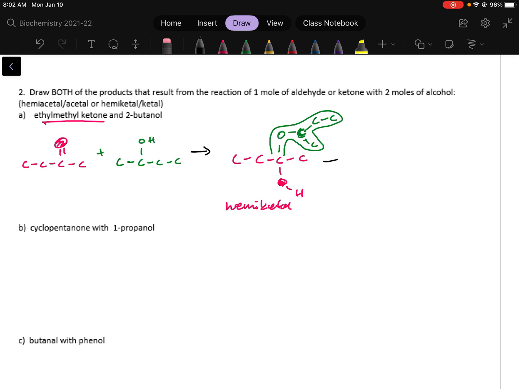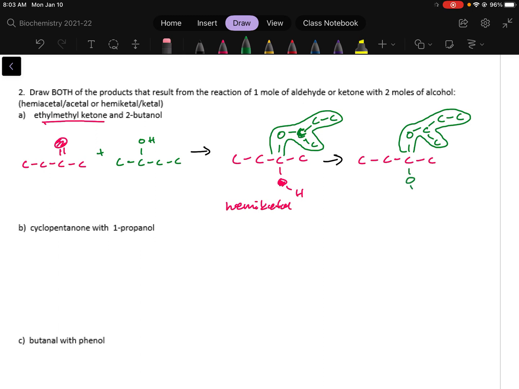But let's go one step further because it says 2 moles of alcohol. So we're going to keep these carbons as is. And then here's our ether that was already formed. Remember that second carbon needs to be the one that's in the ether. We'll draw our oven mitt on the scorpion. And then we're adding one more equivalent of alcohol. If you did this part of the model lab, then hopefully this is making some sense.